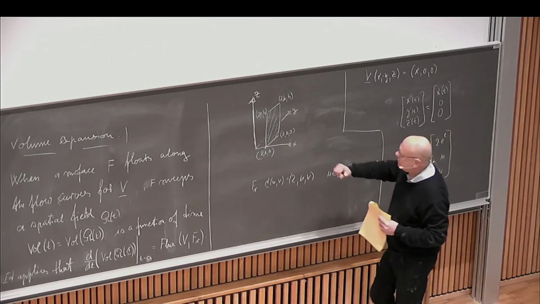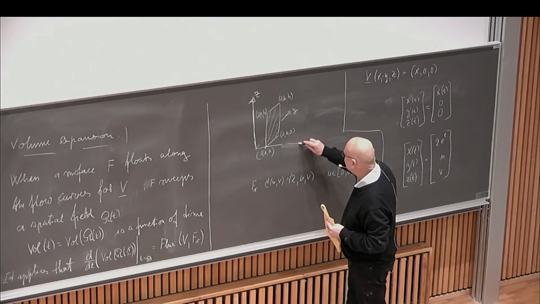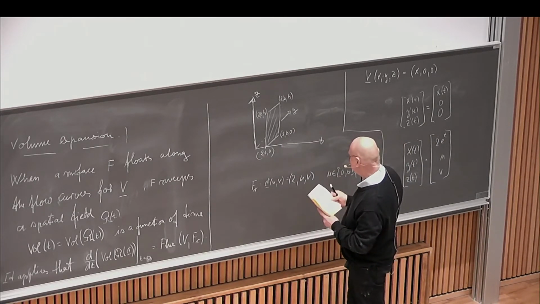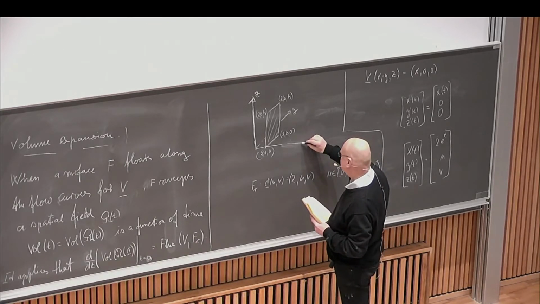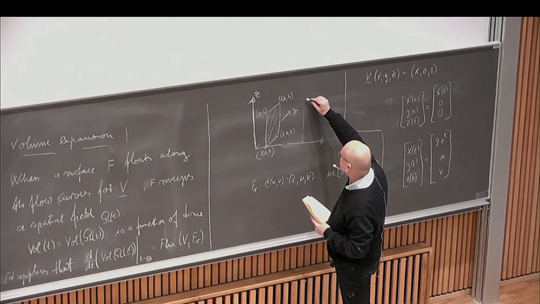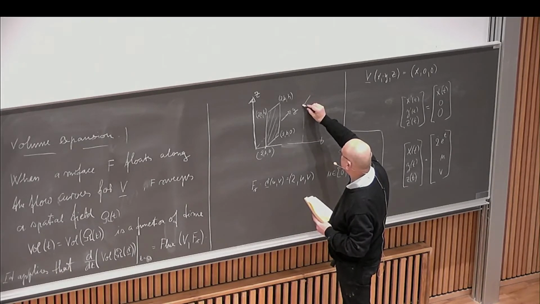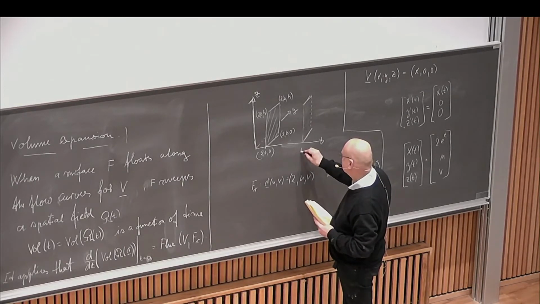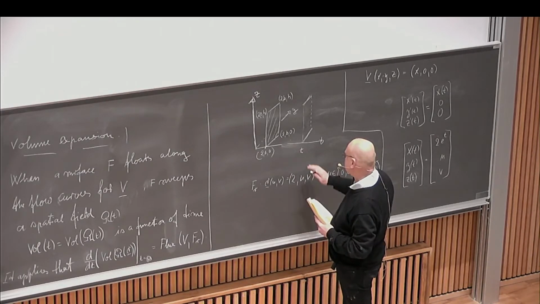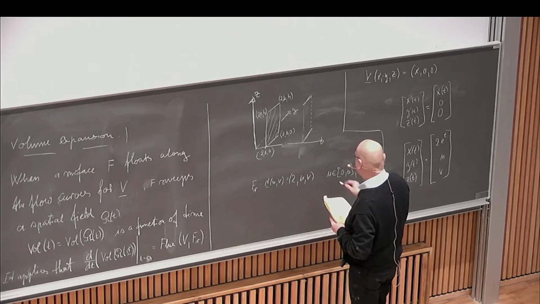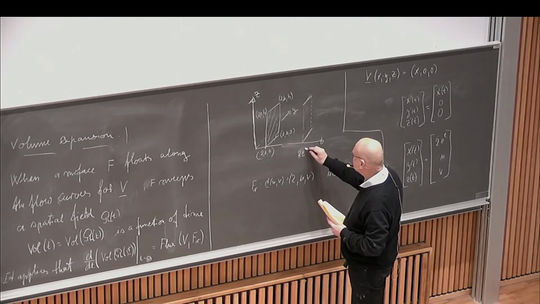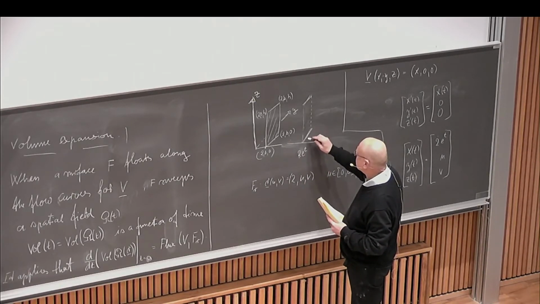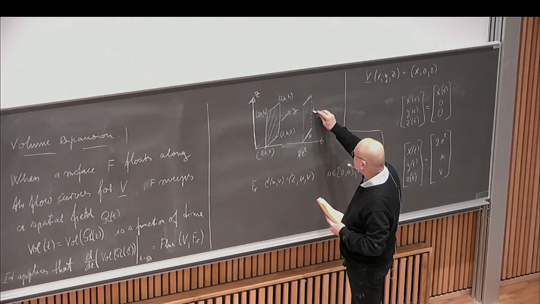So let's look at some later point. It's still a rectangle. It will stay as a rectangle, so this x value here is 2e^t, and this is still b, and this is h.